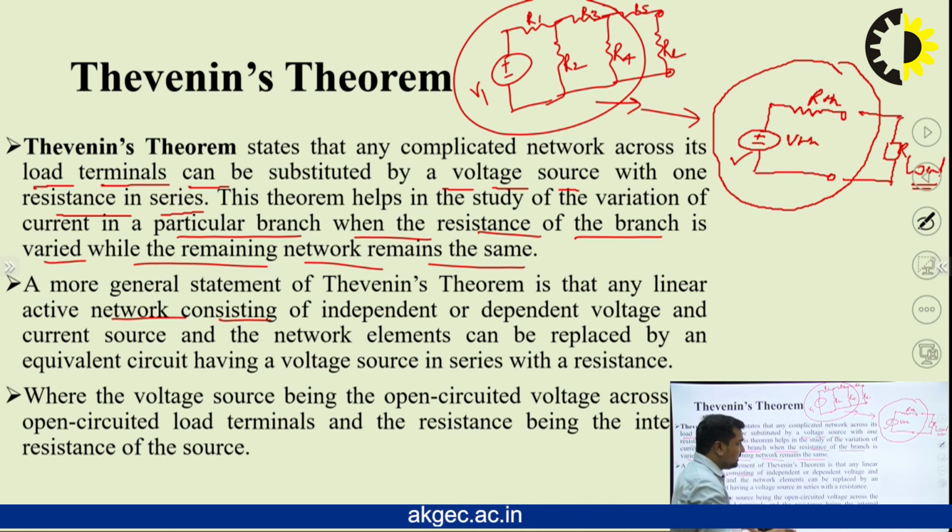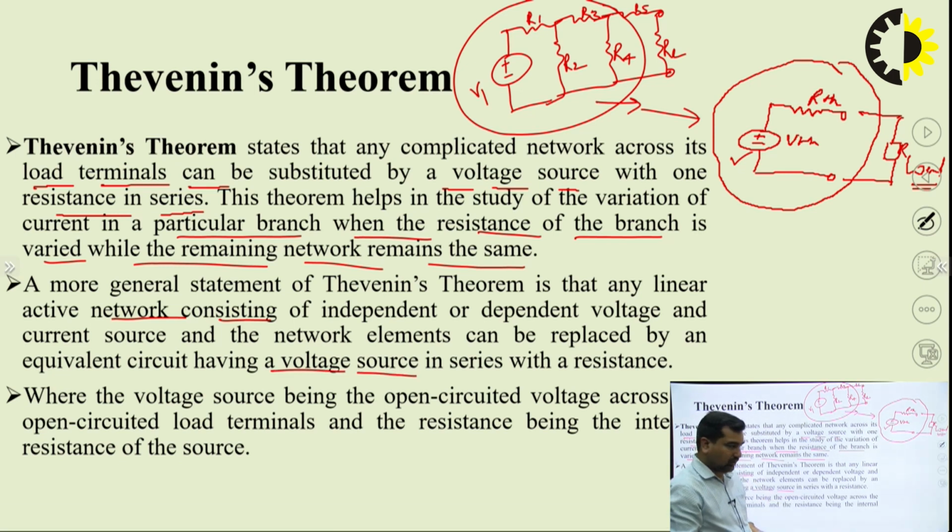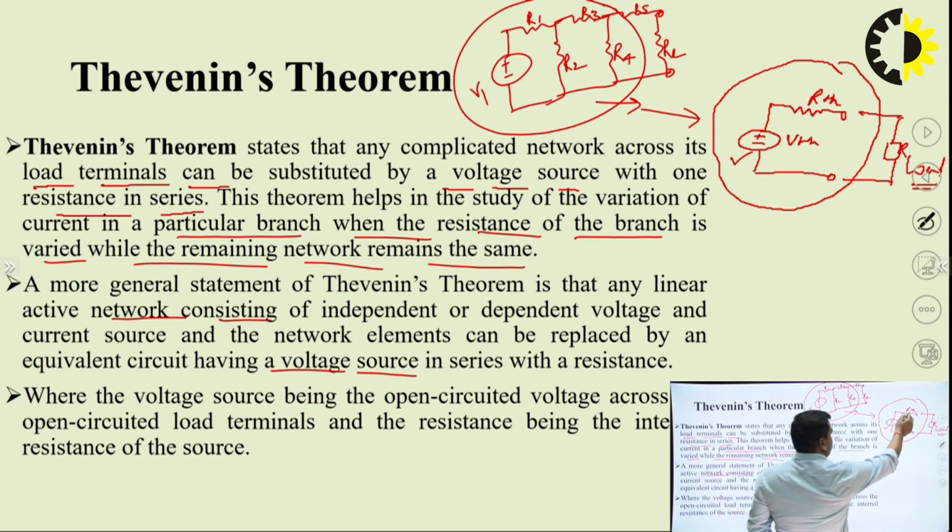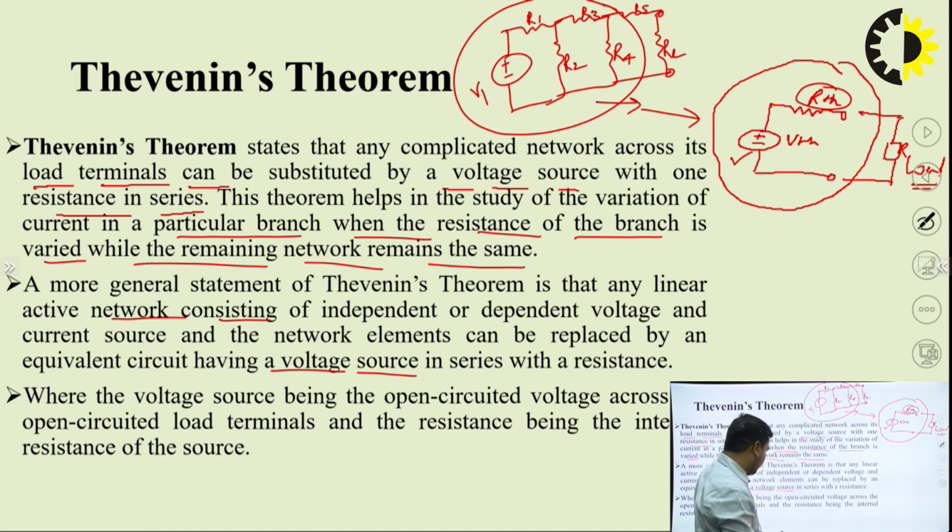We can replace that network by an equivalent circuit having an equivalent voltage source, also known as the Thevenin voltage, in series with the equivalent resistance. We can say R equivalent or RTH, both are the same. What is the equivalent voltage source?